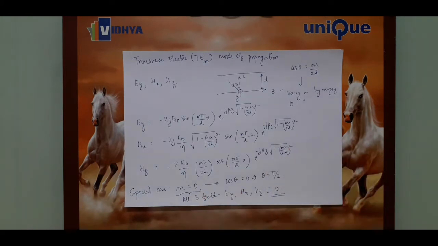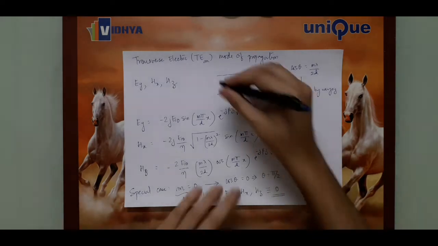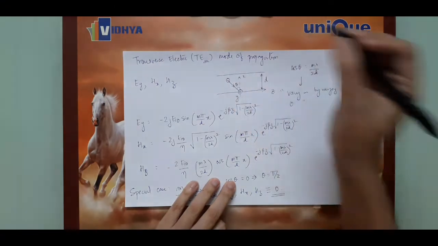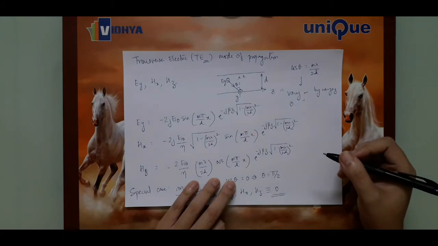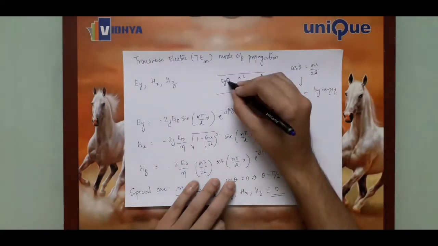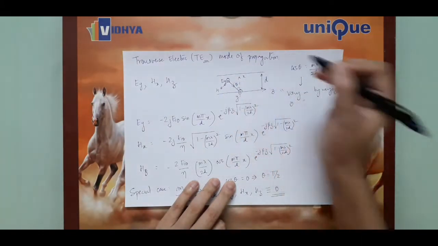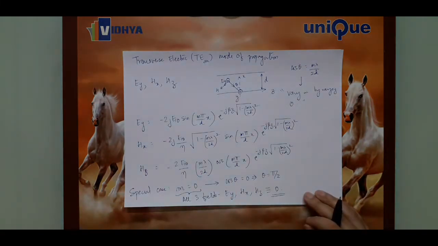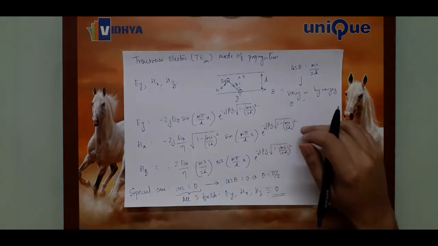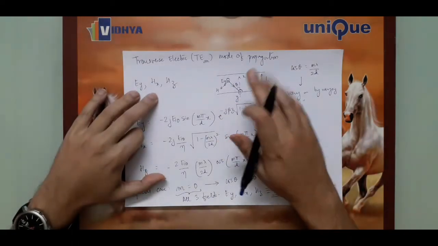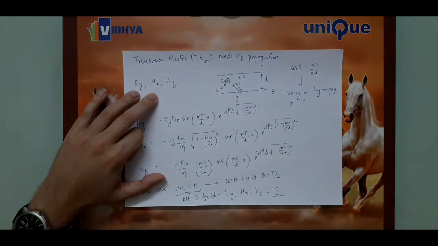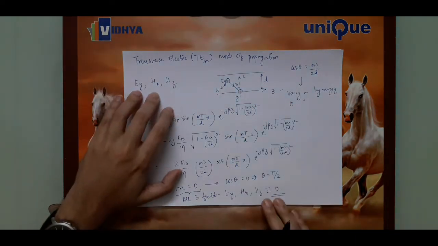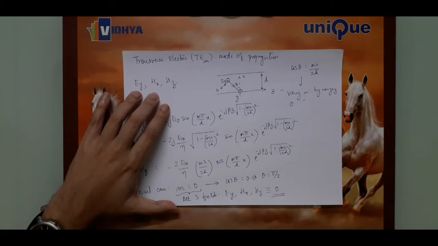So that means, let's show this as Ey, and obviously the H will be here. You cannot sustain a wave which is vertically polarized and striking either of the conductor surfaces with an angle of pi by 2.